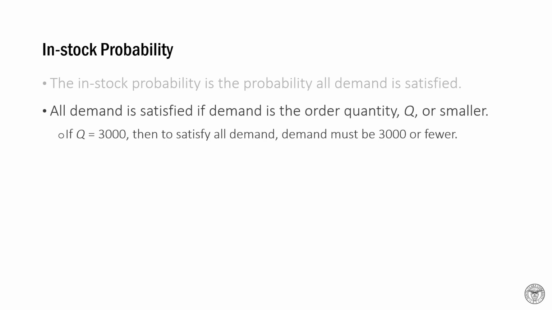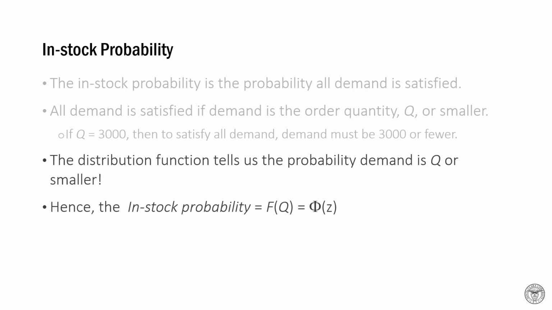So, where does the distribution function come into play? It provides us with the probability that demand is Q units or smaller, essentially giving us the in-stock probability. Therefore, in our example, the in-stock probability is F(Q), which also equals F(Z). It's the probability that we have enough stock to meet demand completely.